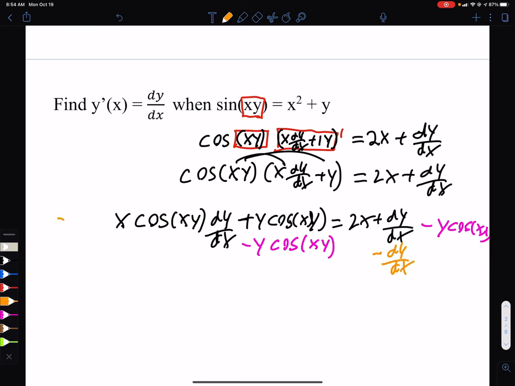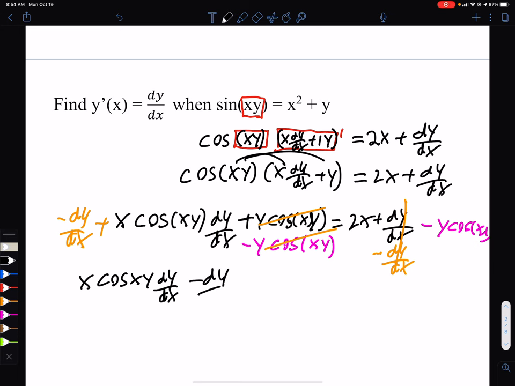So I'm going to have a minus dy dx. Those will cancel, and these will cancel. And here's what I'm going to have left. I'm going to rearrange the left side again. I'll explain what just happened there.